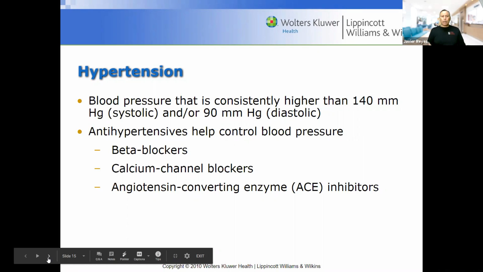Now if you're a young person, 15, 18-year-old up to, let's say 50-year-old person, and your blood pressure is running over 140, then you have a problem. Your blood pressure has to be below 140. Even at 130, they call it pre-hypertension. Pre-hypertension, all right?